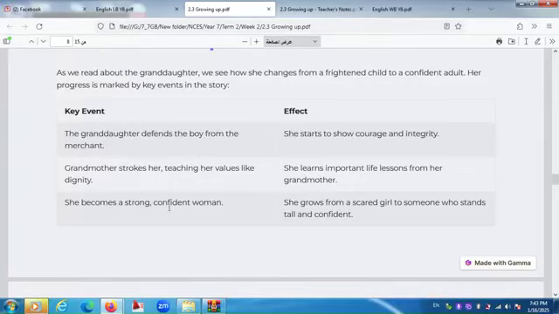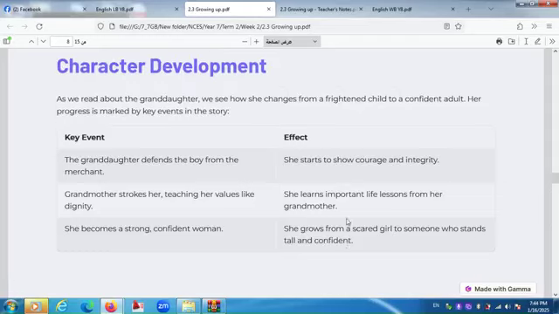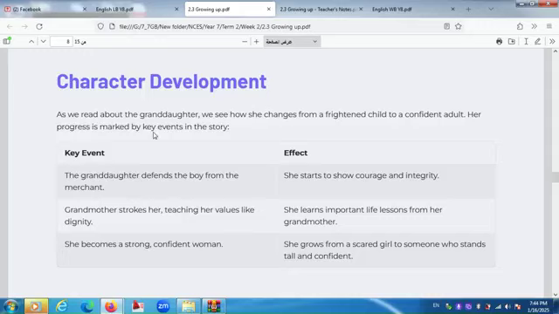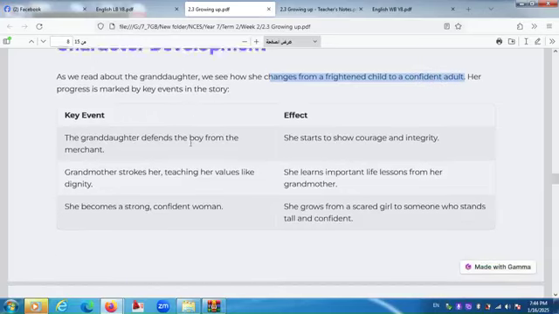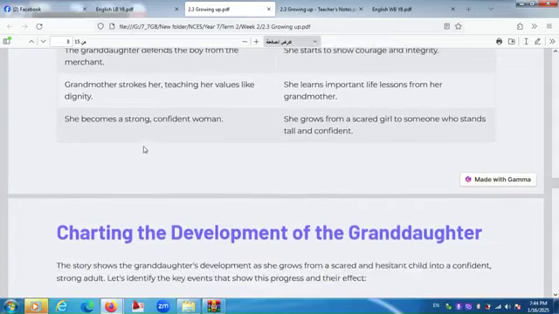And when she becomes a strong, confident woman and has children of her own, she grows from a scared girl into someone who stands tall, confident and responsible as well. Now she has children. That's the change, the character development from frightened child into confident adult. These are very important points, very important themes.